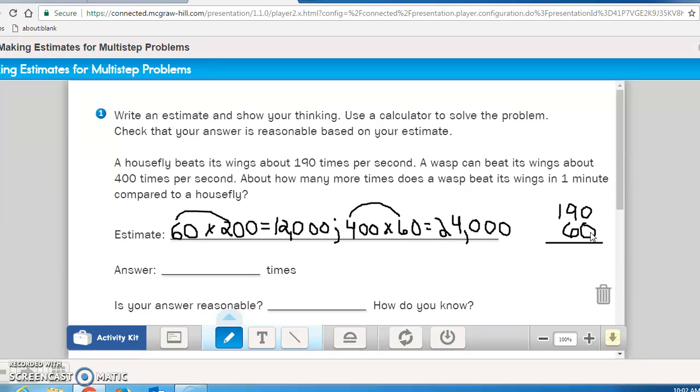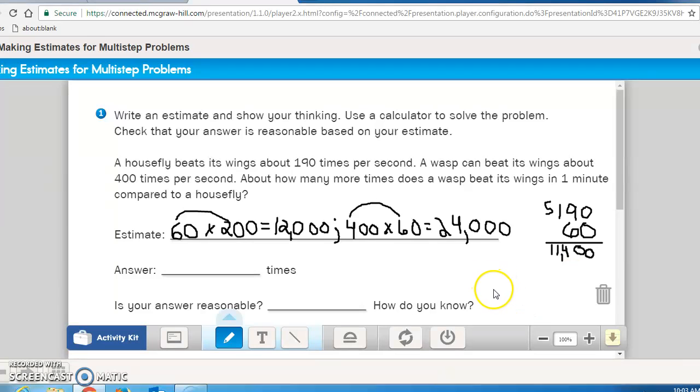And please do, because you will be required to do this at different times without me showing you the work here. 0 times 0 is 0. 6 times 0 is 0. 6 times 9 is 54. Carry the 5. And 6 times 1 is 6, plus 5 is 11, so 11,400. I had 12,000 here. I got 11,400. That's pretty close.